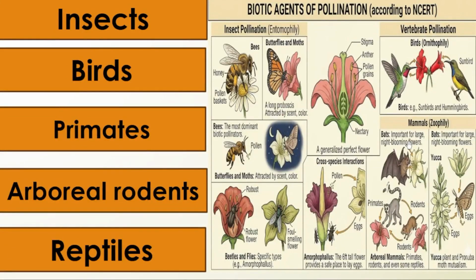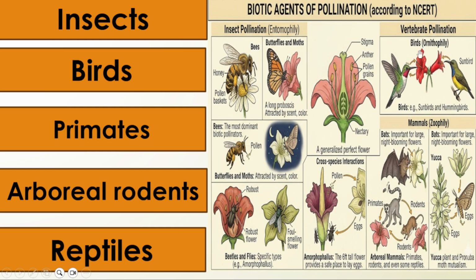And one more. These are the examples for biotic agents of pollination. All of these are according to NCERT. Insect pollination is called entomophily, for example honeybees and butterflies. Next, birds.